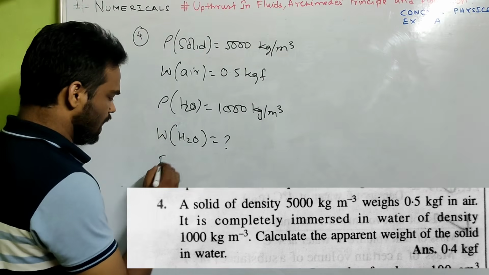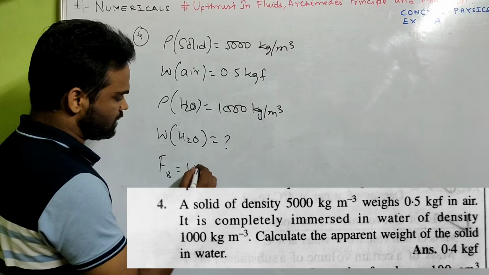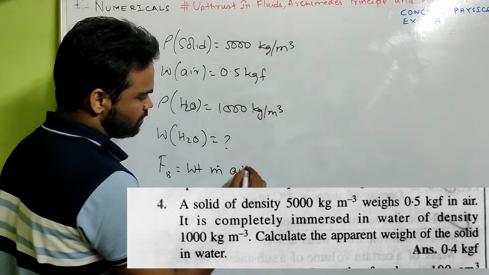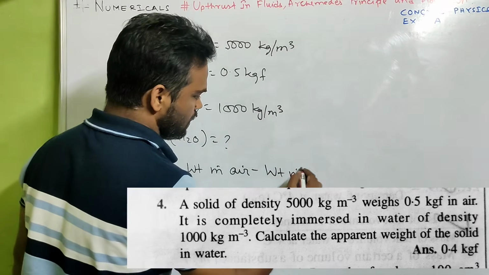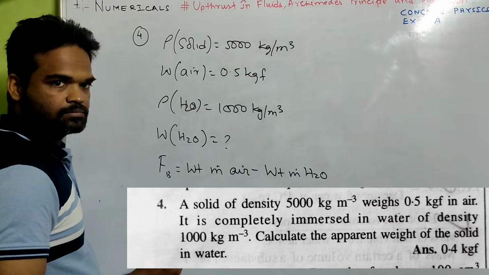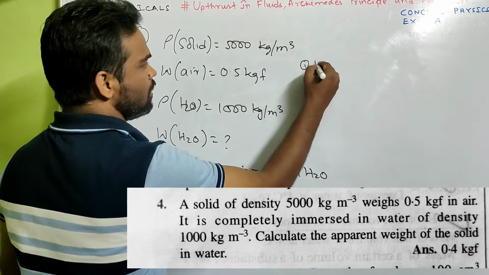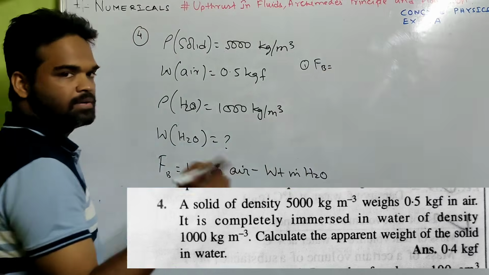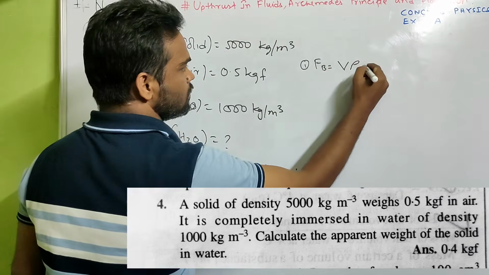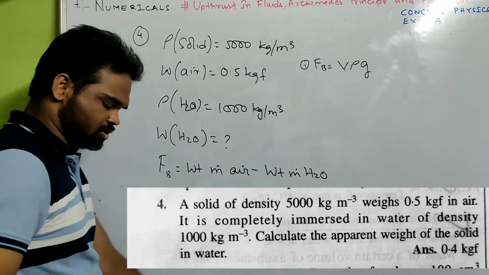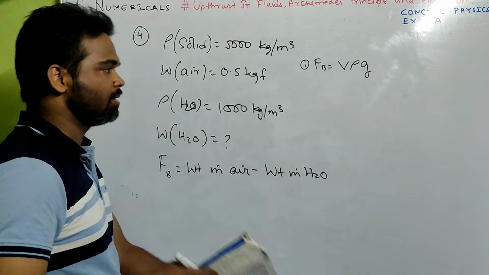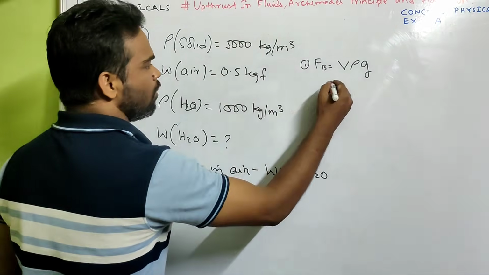Now we know upthrust is weight in air minus weight in water. Done or not? Now upthrust we'll find first. Upthrust is V rho g. This body is completely immersed in water. They have told, yes, completely immersed in water. So FB will be what?